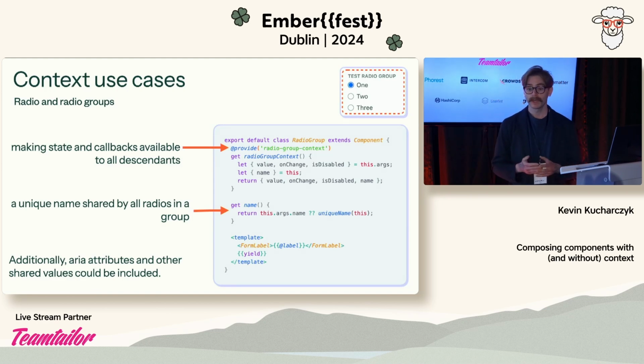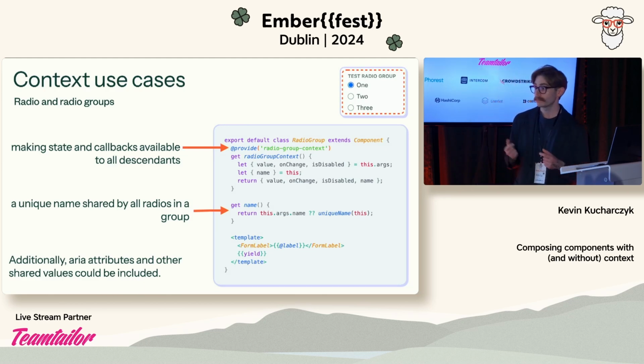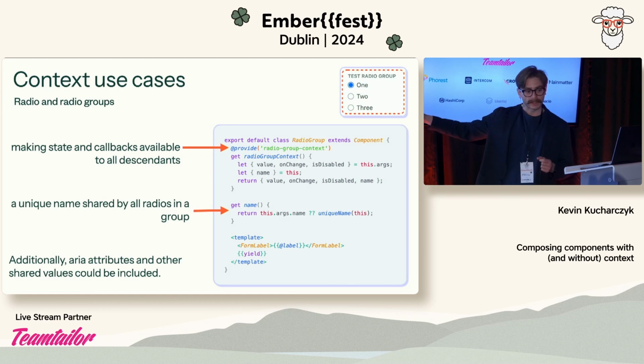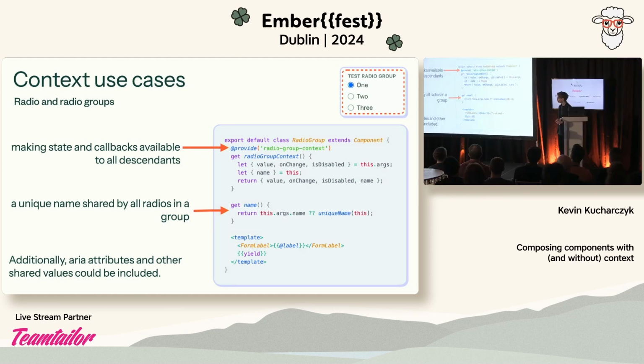If we don't provide a name, one can be generated automatically, unique to this group, so that as a developer, if I don't care about what this group's name is, I just don't pass it in, and I can trust the component to do it automatically for me, so I don't have to worry about certain internal stuff happening in there. Then it renders some sort of label, and yields, so that we can insert the individual radios.